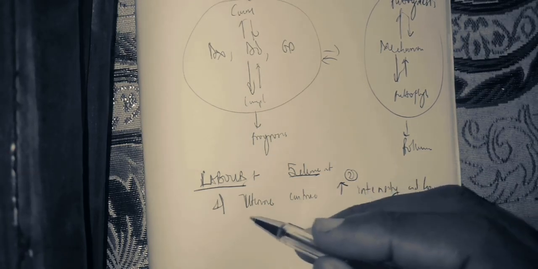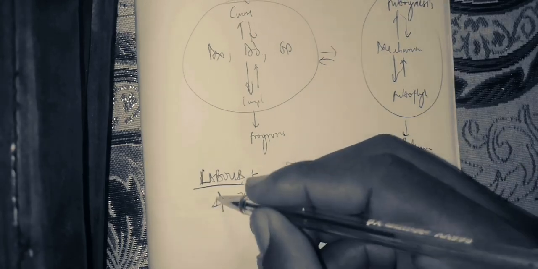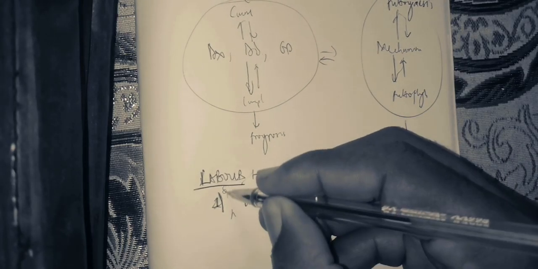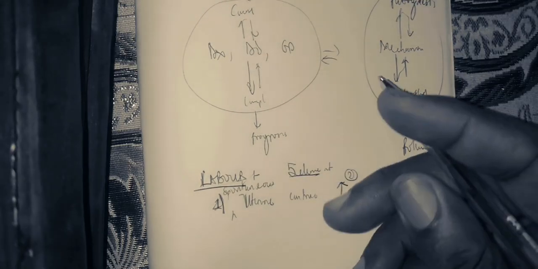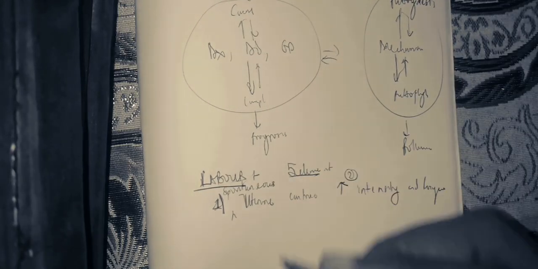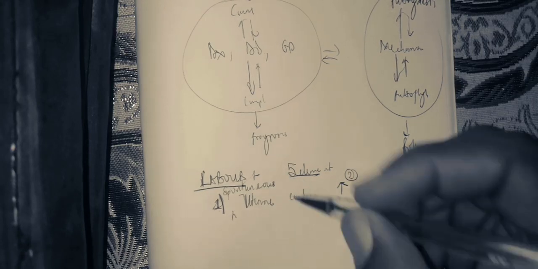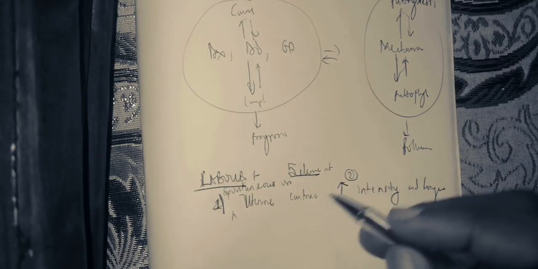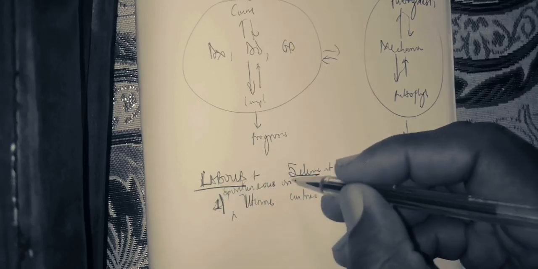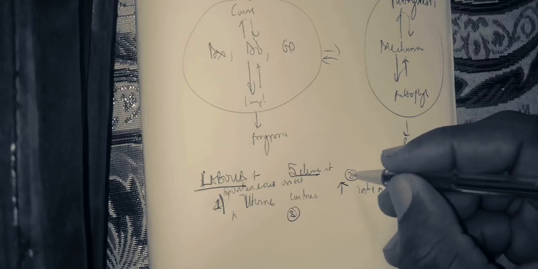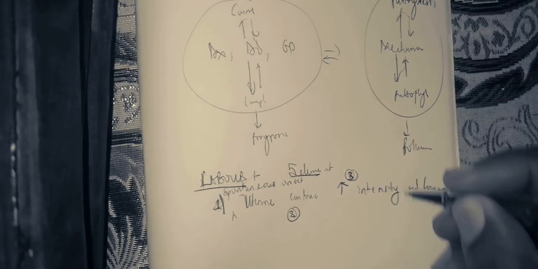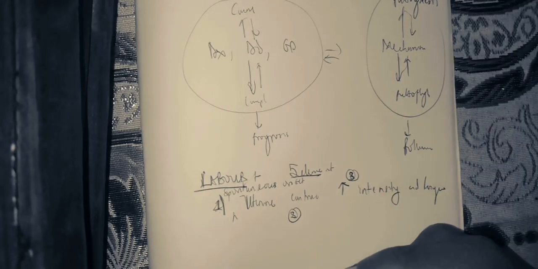The second one is the spontaneous. You have even the word spontaneous onset, because you can have also induced labor, which is artificially induced. So you have a spontaneous onset of uterine contraction. So spontaneous onset is one element, uterine contraction is the second element, or uterine contraction of increasing intensity and frequency is the third element.